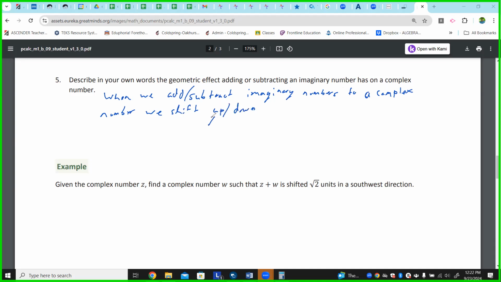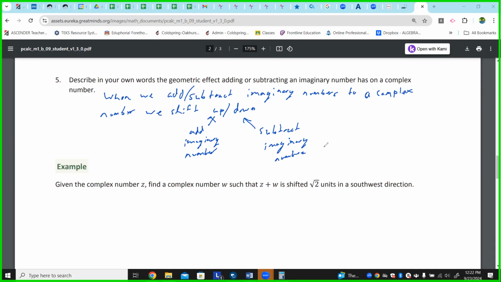So what did I have to do to make it go up? I had to add. So we add an imaginary number to go up. What do we have to do to go down? Subtract. Right? All right, any questions on that?